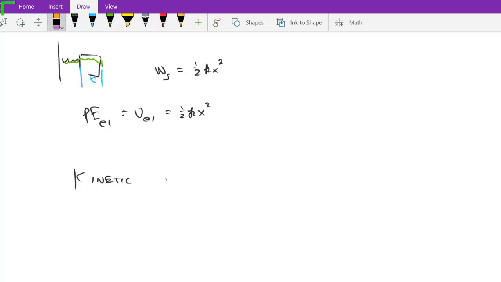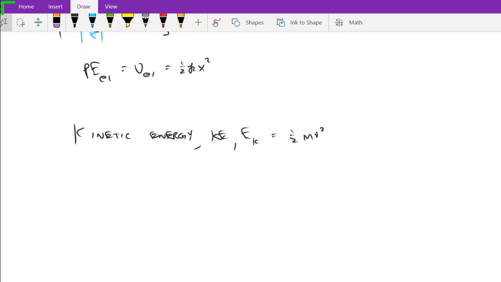This is kinetic energy. The kinetic energy, or KE, or sometimes EK, is equal to 1/2 of the mass times the speed of the object squared, so 1/2 mv squared. So there's our kinetic energy.